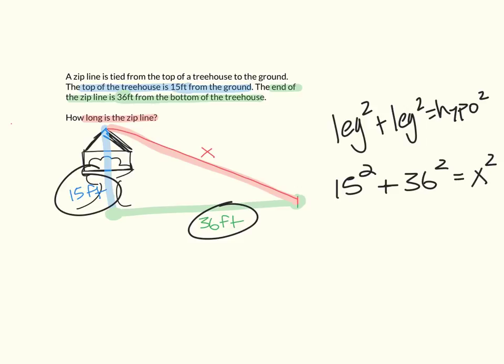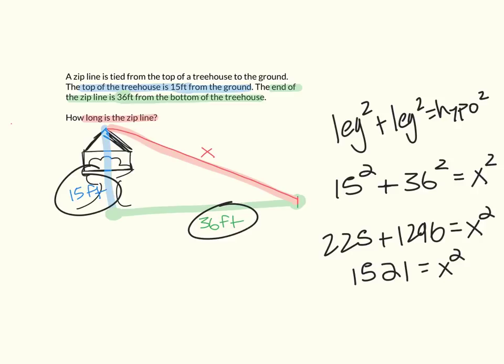And we've got to keep going. 15 times 15 is 225, plus 36 to the power of 2. 36 times 36 is 1,296 equals x to the power of 2. I can add those together, and when I do, I get 1,521 equals x to the power of 2.